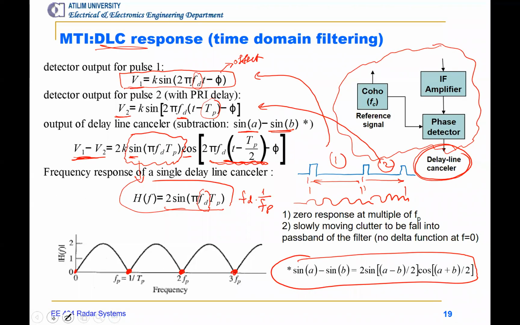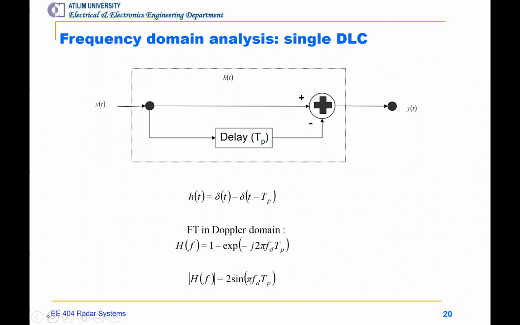It was a time domain analysis. How about the frequency domain analysis? Let's build up a system for DLC, delay line canceller. As you might remember, we got an x of t. So x of t, again, let us write that. Here is the pulse.